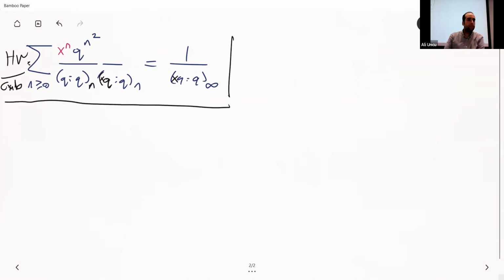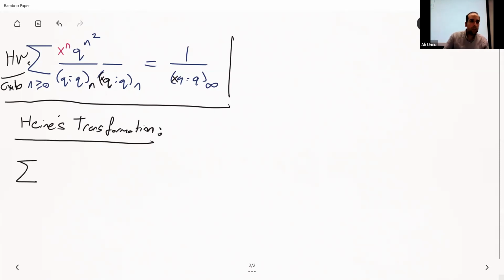So for that, I want to have a formula which has two q-Pochhammers underneath. Okay, I need two q-Pochhammers, and for that I will define Heine's transformation, and we will prove this. So Heine's transformation starts this way.